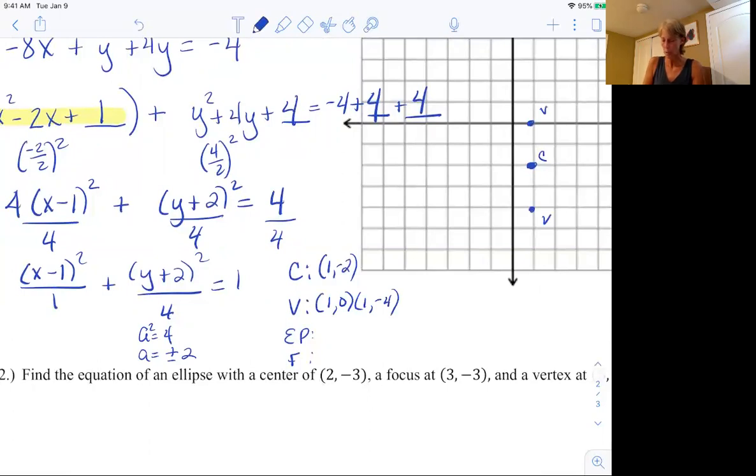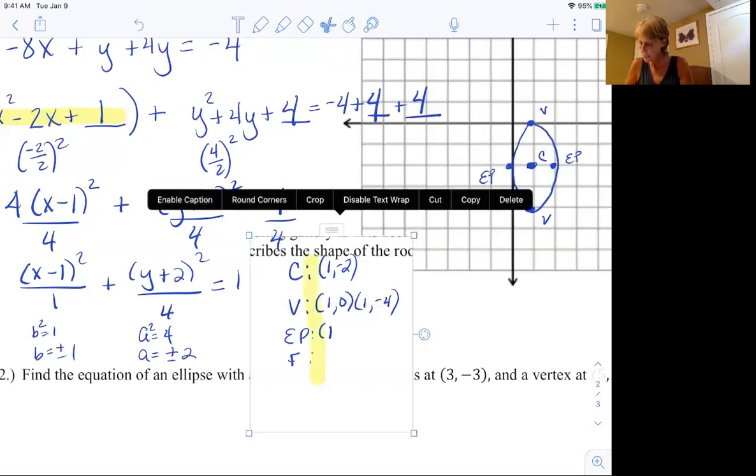My endpoints: b squared is 1, so b is plus or minus 1. So I'm moving in the x direction this time, horizontally. Over 1, over 1. Endpoint, endpoint. I'm sorry, my x value changes this time.